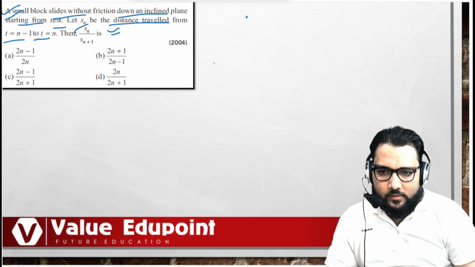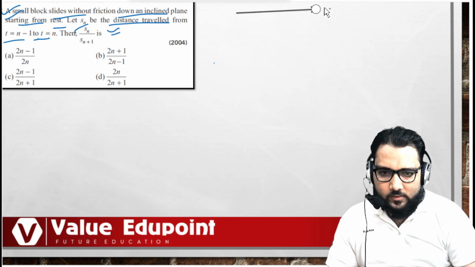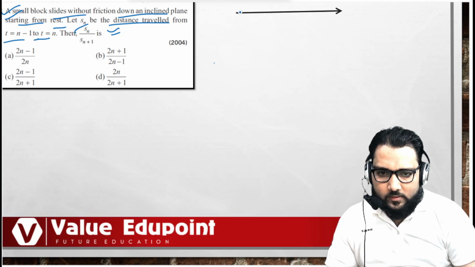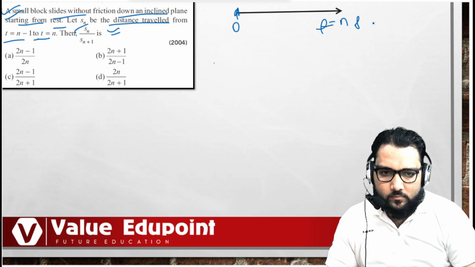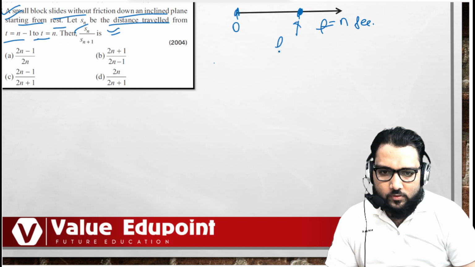What is happening here? Suppose this is 0, this is t equals n seconds, and that point will be t equals n minus 1 second.